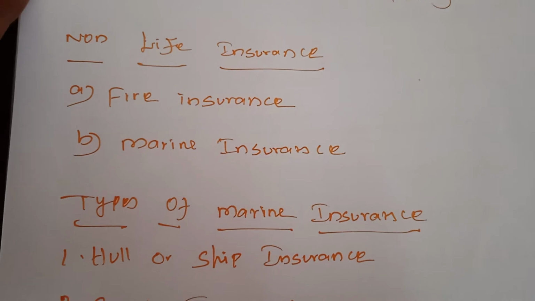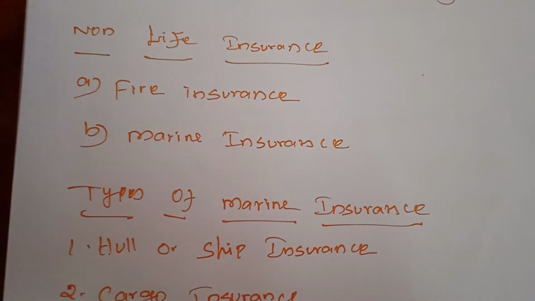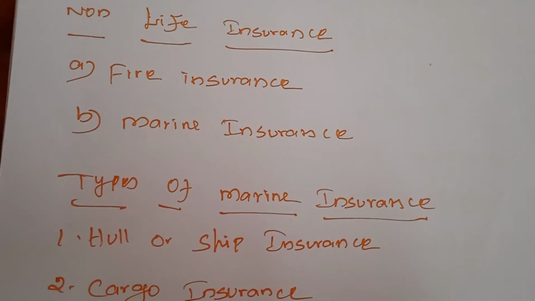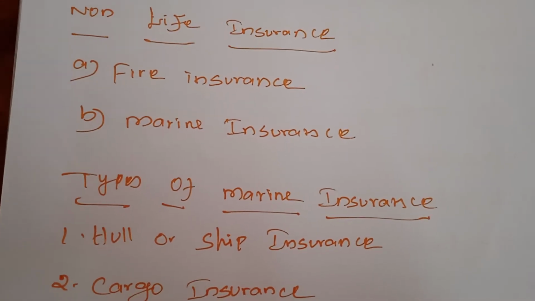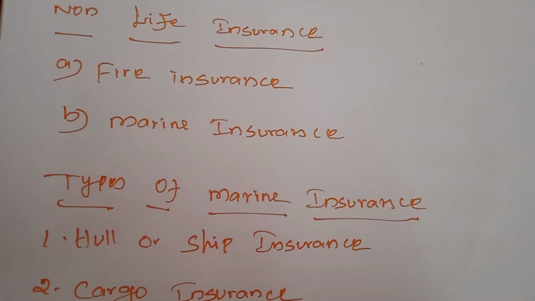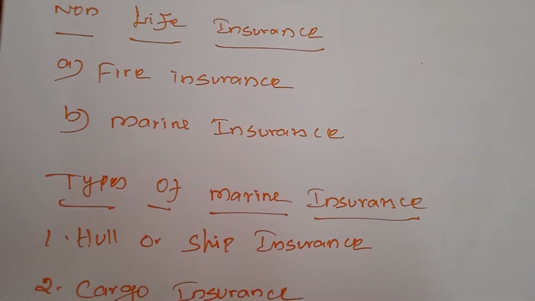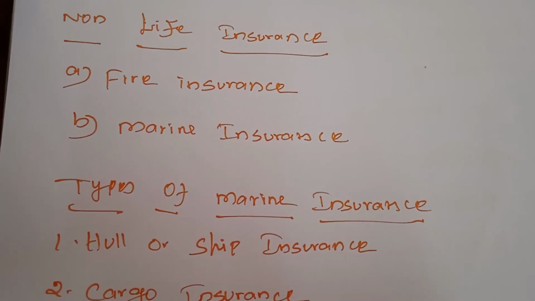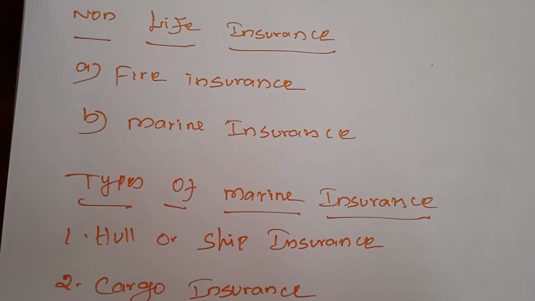So in marine insurance, the insurance companies agree to compensate the loss of the marine during the period of activity, and the insured also has to agree to pay the premium.